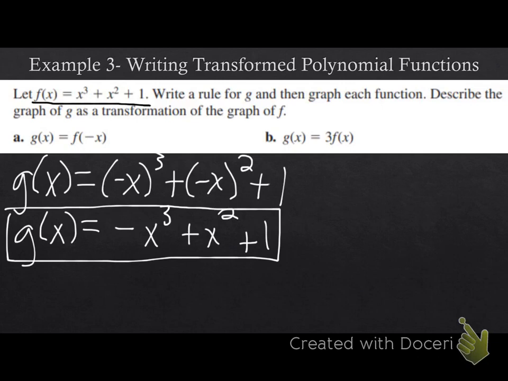F of x equals x to the third plus x squared plus 1. Remember, after you get that exponent of 3 on that first x, you need to click the arrow to the right to get it out of the exponent position. Is there any confusion on what buttons we need to push here?